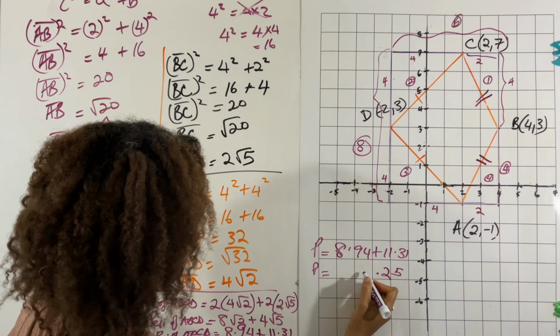All right, and that is your answer for your perimeter. So in conclusion, now that you know how to find the perimeter of a quadrilateral that you were only given the coordinates, no measurements, I hope that this video has helped you tremendously, and you now know how to either apply the distance formula or you can apply the Pythagorean theorem formula.